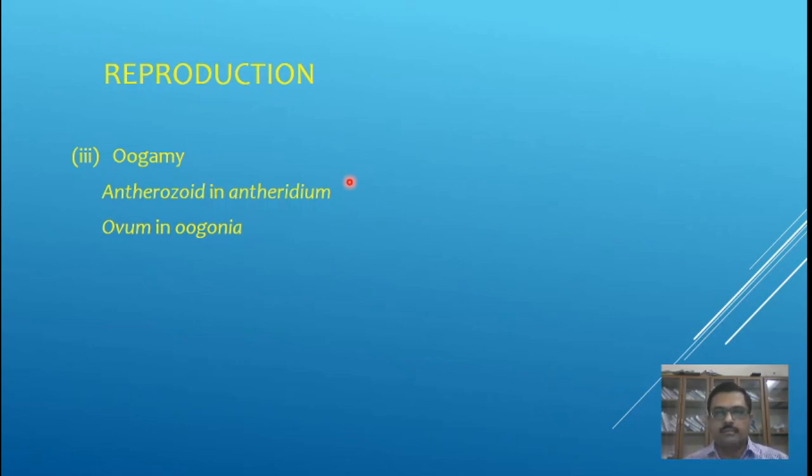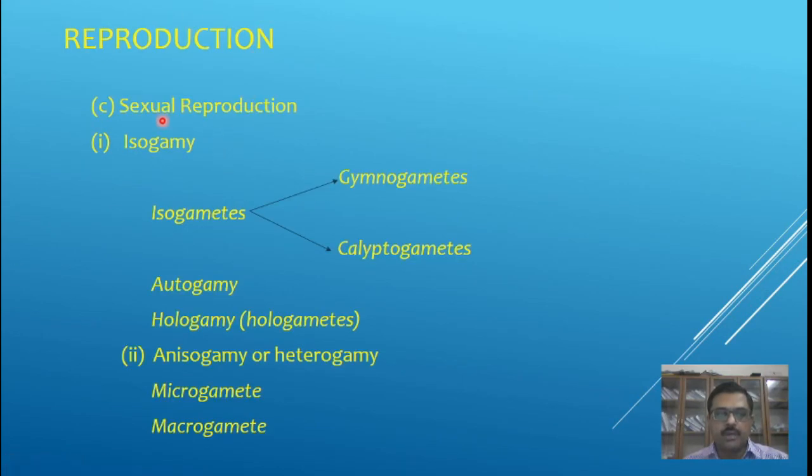In Sargassum, we find depressions called conceptacles in which the reproductive structures are arranged. So several algae which show oogamy have the presence of complex, specialized reproductive structures, and these reproductive structures may be present in specialized structures within the algae also. So these are the different modes of sexual reproduction.